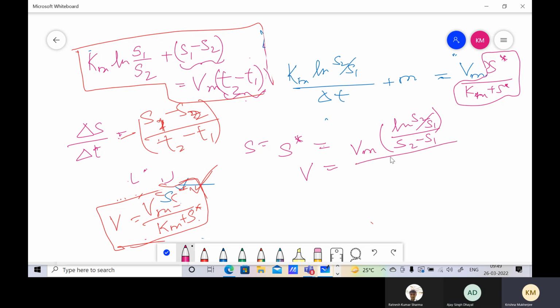Upon Km plus ln S2 by S1 upon S2 minus S1. This is V. And what I want you to do is to say that this is equal to M. Is it or is it not true given this equation? इसको आप भूल जाइए.